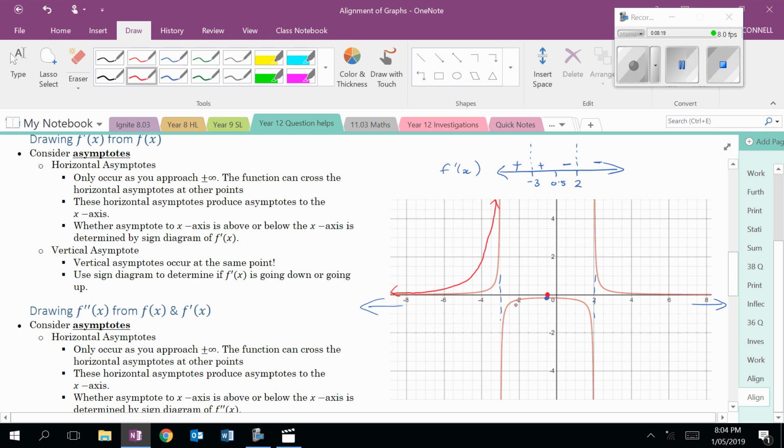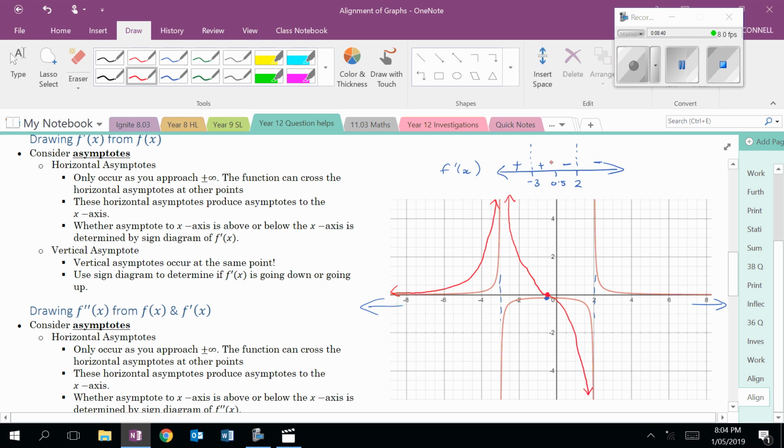Here the derivative is positive, so it's going to have to be a vertical asymptote from above. So it's going to have to be something like this, coming down to my 0. Now on the other side of a half, it's negative. So it's going to have to be going down off to infinity, something like that.